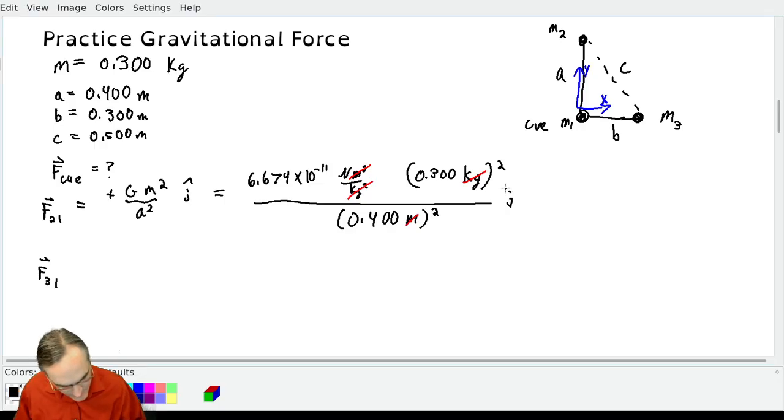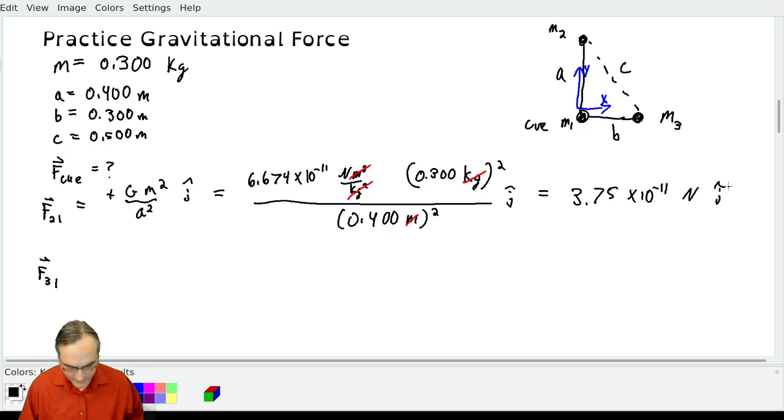This will be in the j hat direction, and we get 6.674 times 10 to the minus 11 times 0.3 squared divided by 0.4 squared, 3.754, which we'll just round to 3 digits of precision because all of our numbers were 3 digits of precision, times 10 to the minus 11 newtons in the j hat direction.